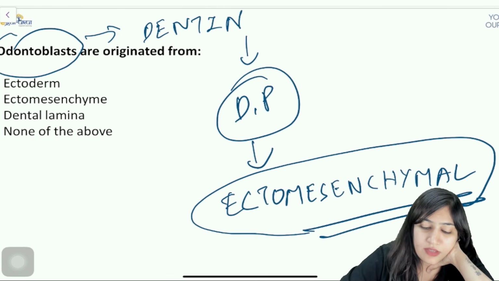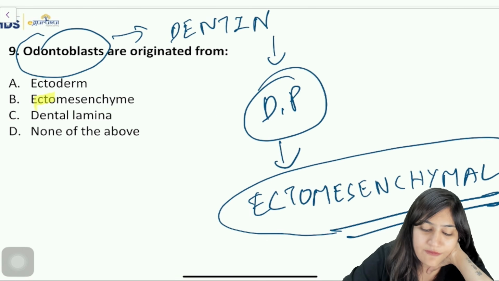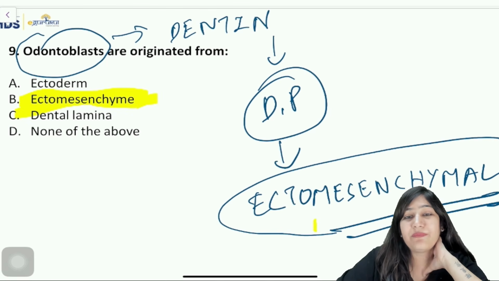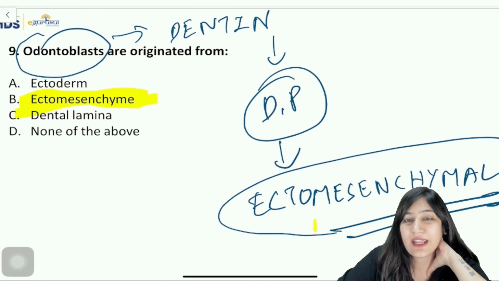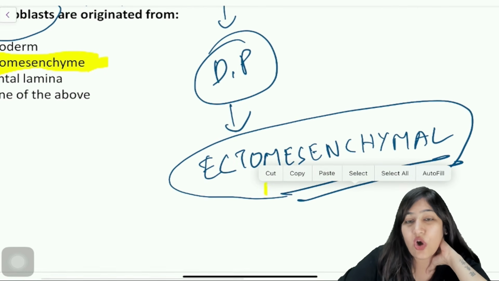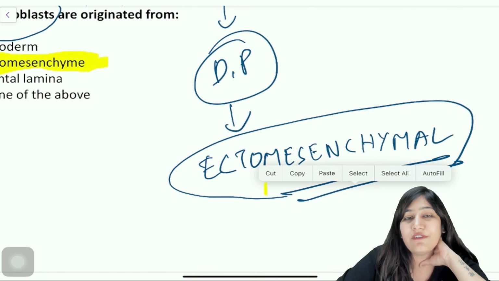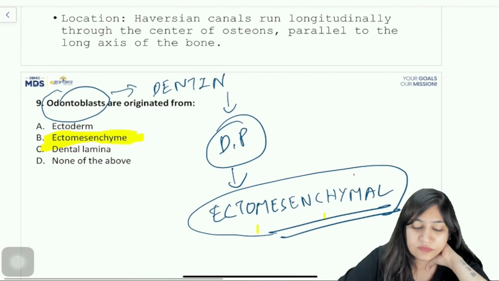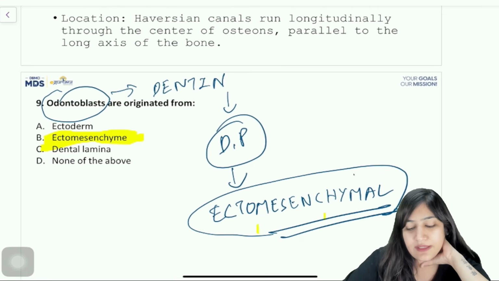So odontoblasts are mainly derived from ectomesenchyme. As ectomesenchyme is involved in the formation of dentine, and which cells form dentine? Odontoblasts. So definitely ectomesenchymal cells will differentiate into odontoblasts, leading to the formation of dentine. Right. So ectomesenchyme is the correct answer here.